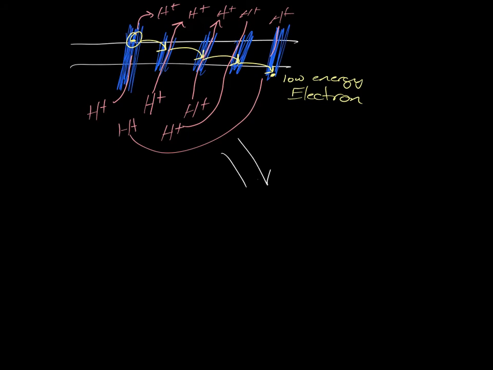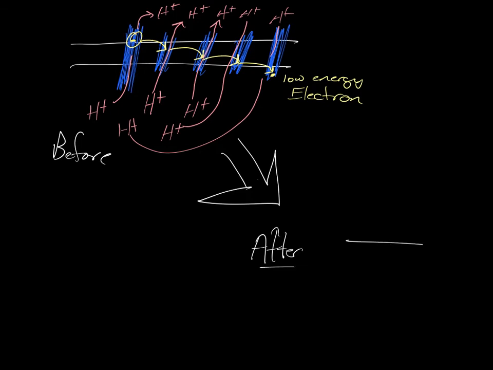If we take a look at what the result would be, this is before or during. But after you've moved them all over, what you're left with is a membrane, right? You still got your proteins in there. You have your electron there.